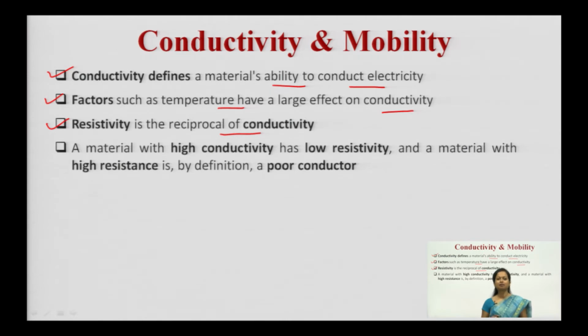At the same time, if you are talking about the insulators, the conductivity is low among all these three, conductors, semiconductors and insulators. So, its conductivity is low, it means resistivity is high.